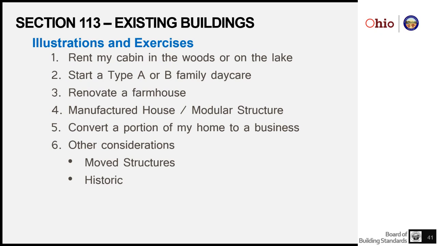Historic buildings. Believe it or not, we do have historic houses. They do have some provisions in the residential code for historic buildings. They get some relief to deal with the historic nature of the structure.